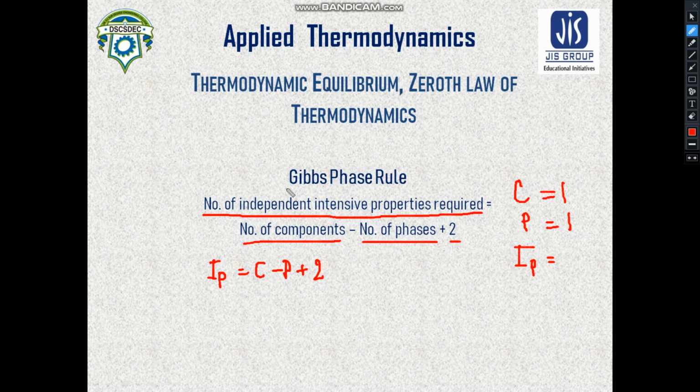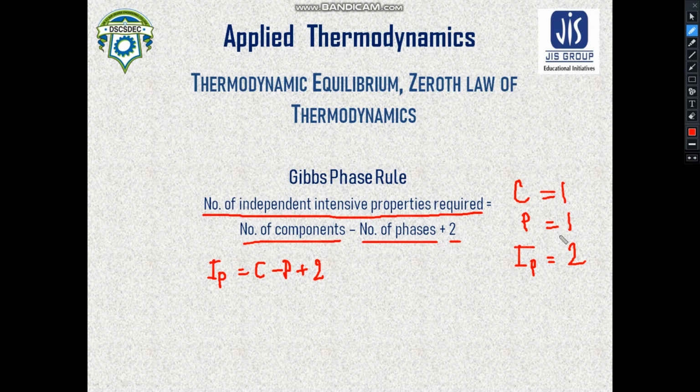In my previous information, that word intensive was missing, so this is an addition. You must consider it here. When C is equal to 1 and P is equal to 1, IP becomes 2. Now my information is complete. For a single component, single phase system, the number of independent intensive properties required to specify the state is 2.